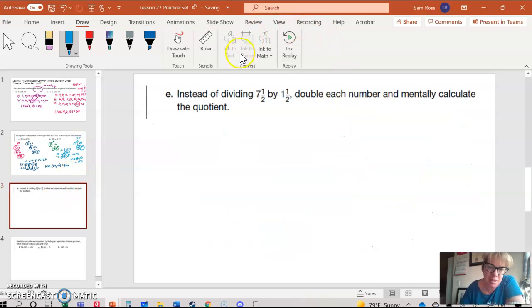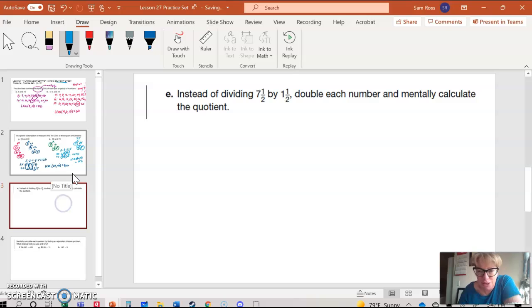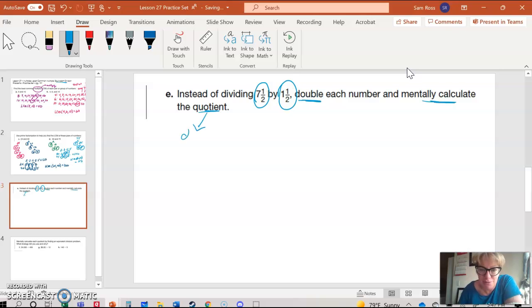Next. Okay, so this is where we get into this equivalent division stuff, and they want you to try and do stuff in your head. I'm not 100% a fan of doing stuff in your head since you'll always have a calculator with you, but I'll show you how to do it just in case. It says, instead of dividing 7.5 by 1.5, double each number and mentally calculate the quotient, which is the answer to a division problem.